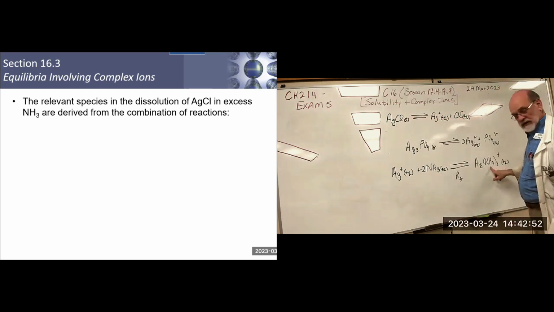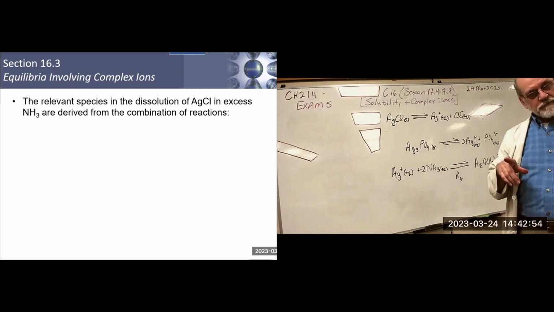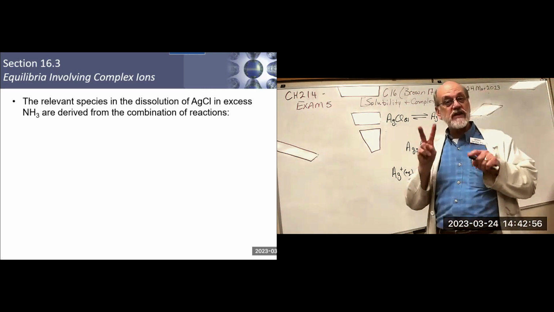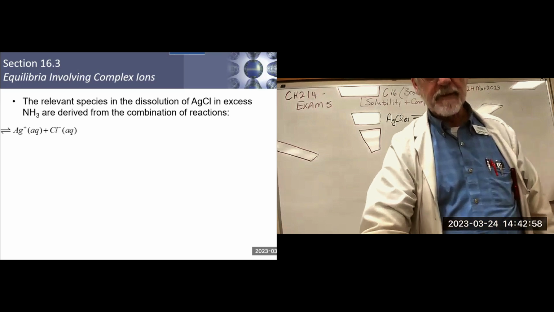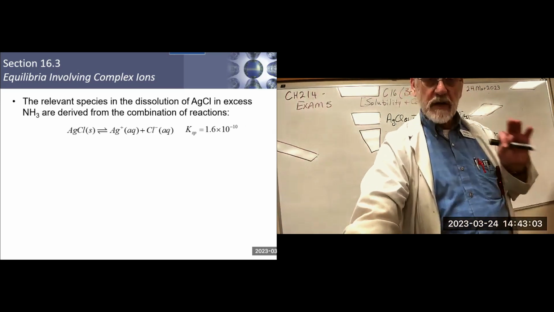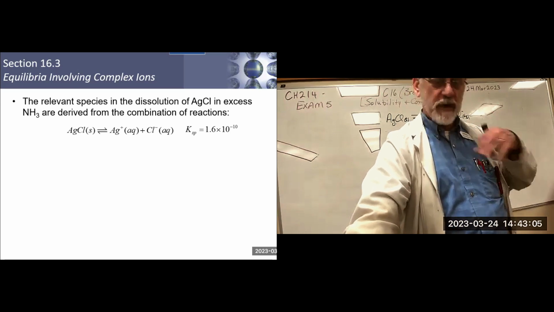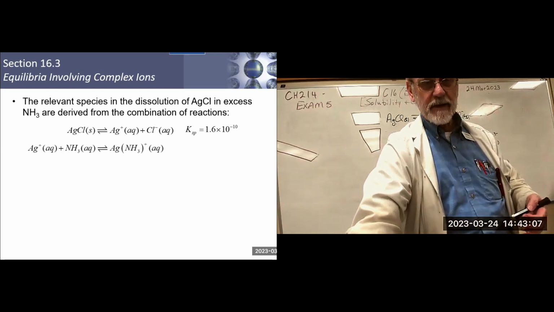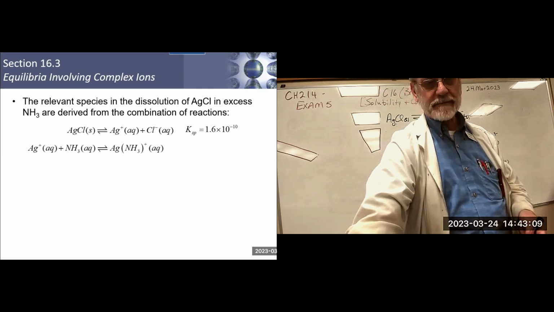Notice we've got two ammonias. So the formation of this complex ion occurs in two stages. So there's the equation that we want to influence with the formation of the complex ion. And there's the first step, right?